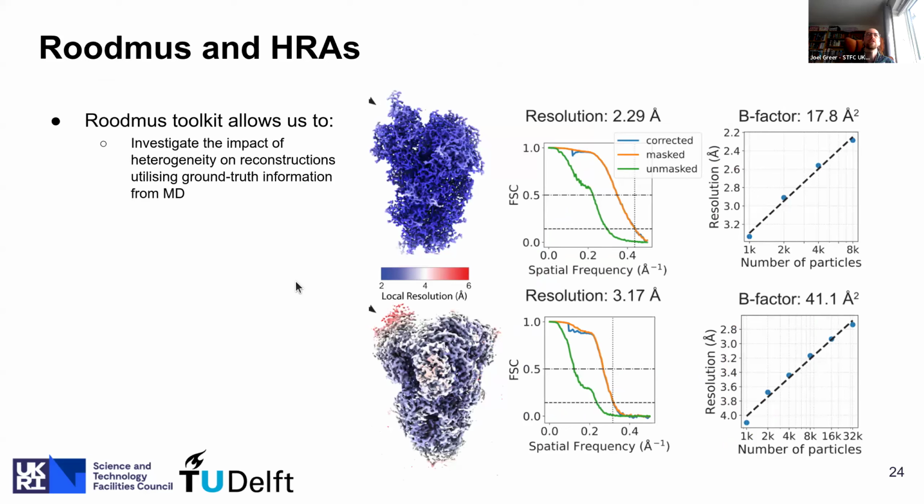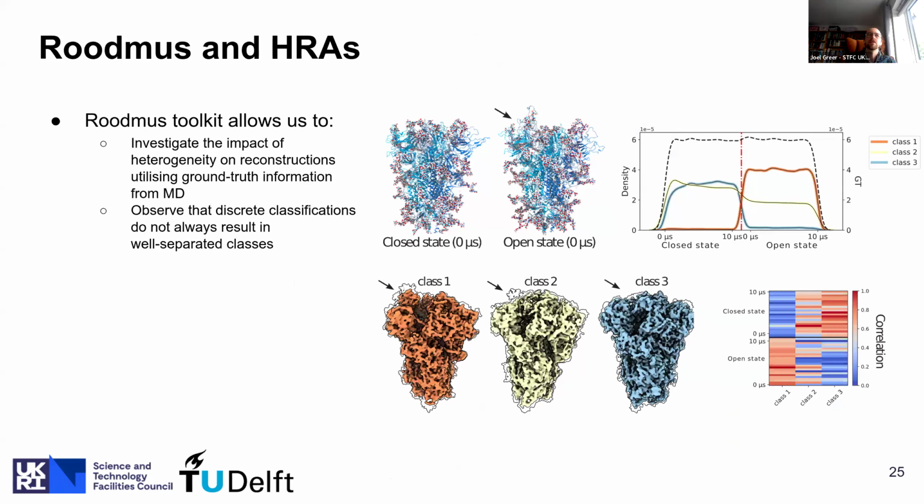Okay, so we've seen that Roodmus, or our Roodmus toolkit, allows us to investigate the impact of heterogeneity on reconstructions by utilizing our ground truth information from MD simulations. We've seen that discrete classifications don't always result in well-separated classes.